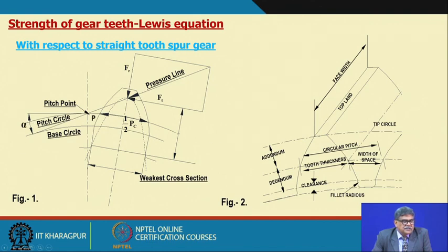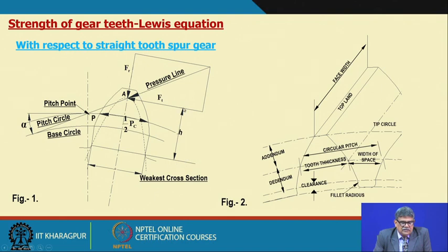Now, this pressure angle is alpha, this is the point where the load is acting, and the normal force is acting in this direction. We can consider the tangential component, acting perpendicular to the line joining the centers, and this is the radial component of this load.